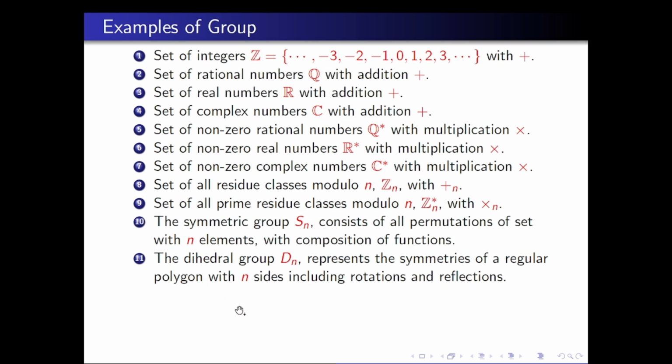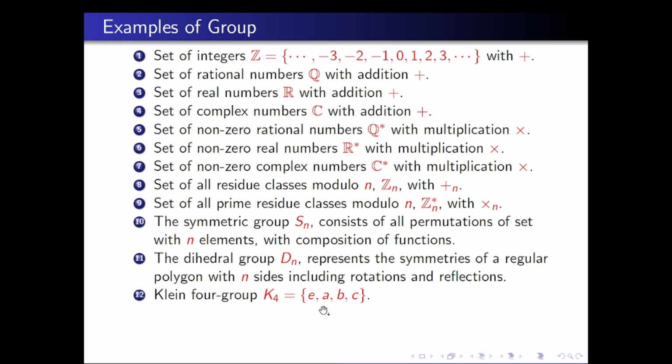The dihedral group Dn represents the symmetries of a regular polygon with n sides, including rotations and reflections. This set Dn also forms a group. Klein-4 group K4 is a group containing 4 elements E, A, B, C. E stands for the identity element of this group and A, B, C are non-identity elements.